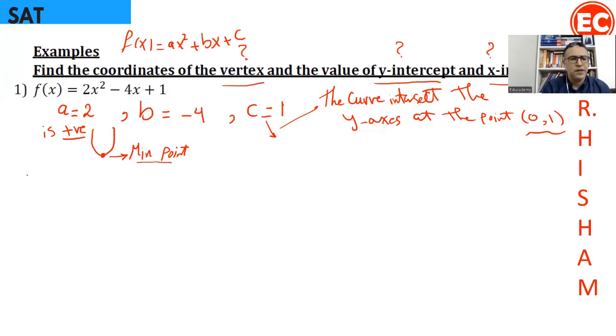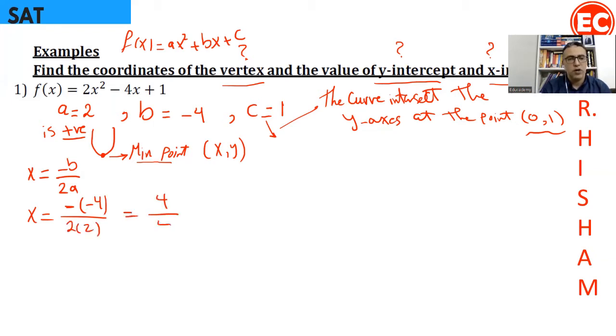Let's find the vertex, or the minimum point, x and y. First, I'm going to replace x with negative b over 2a. So x is equal to negative (-4) over 2 times 2, so it's 4 over 4, which is equal to 1.